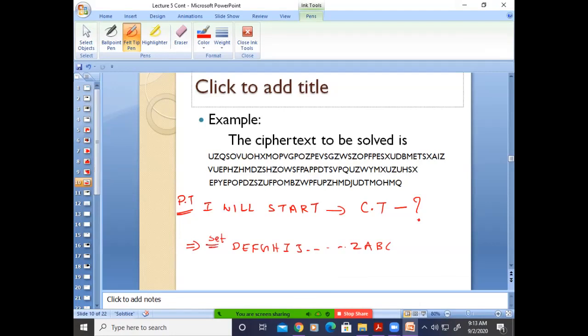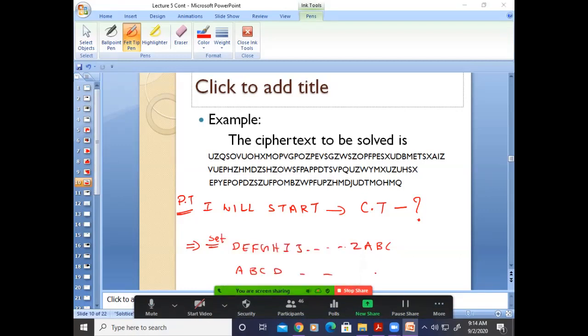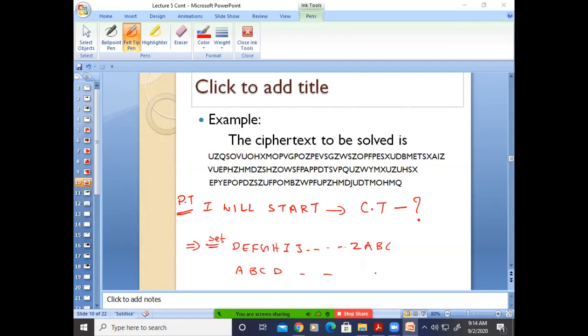Based on this, we will write the actual A, B, C, D up to Z. Now if we see here, for A this is D, for B this will be E, and so on. So this is the ciphertext, and this will be the plain text. This is how we convert plain text to ciphertext. Is it clear? That is how the plain text is converted into ciphertext. You will do one example later.